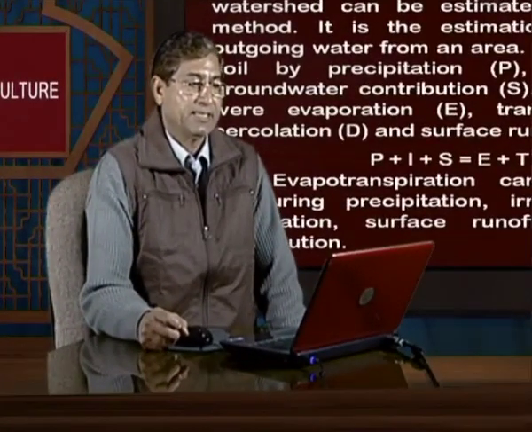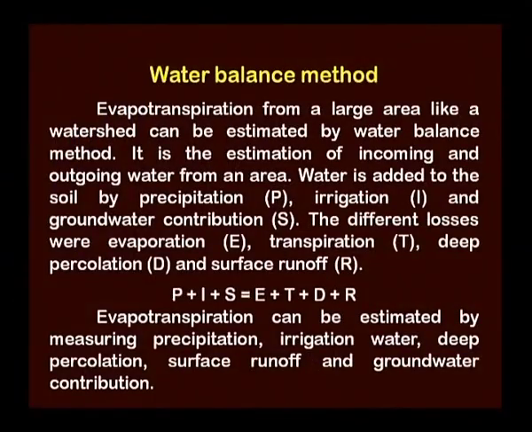Evapotranspiration can be estimated by measuring precipitation, irrigation water, deep percolation, surface runoff and groundwater contribution. Here in this figure, all the components of water balance have been shown.